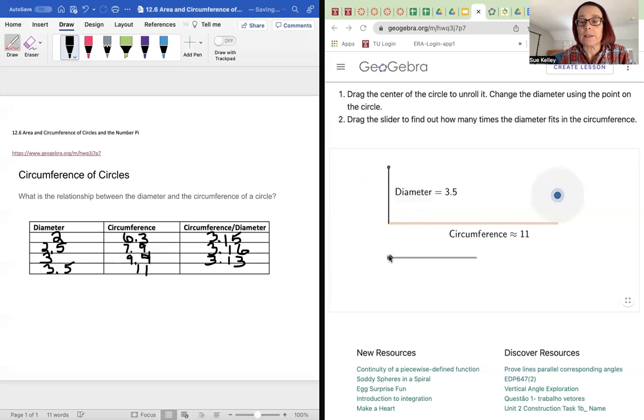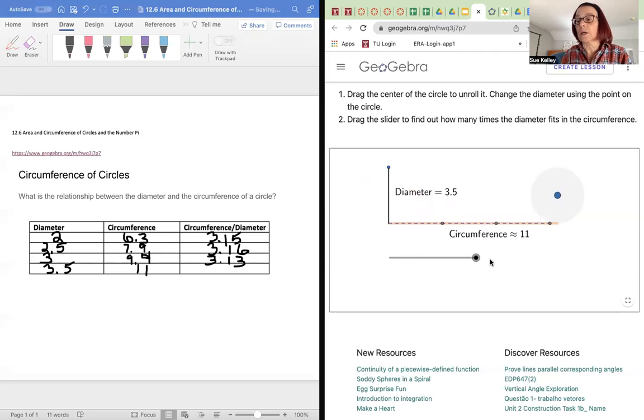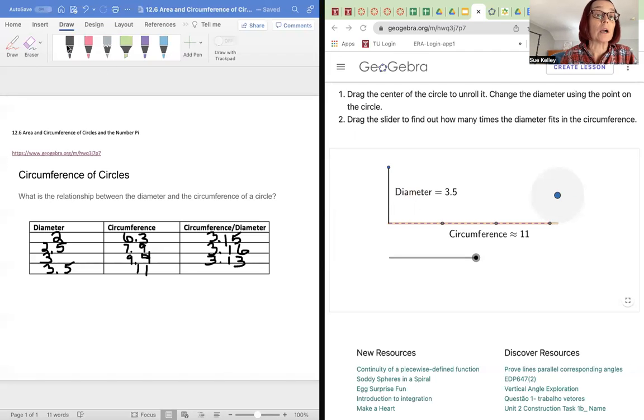And surprise, surprise, if we drag this out, we get 3 and a little more diameters. Let's see what we get in exact numbers. 11 divided by 3.5, and we get about 3.14 and a bunch of other numbers. So about 3.14.